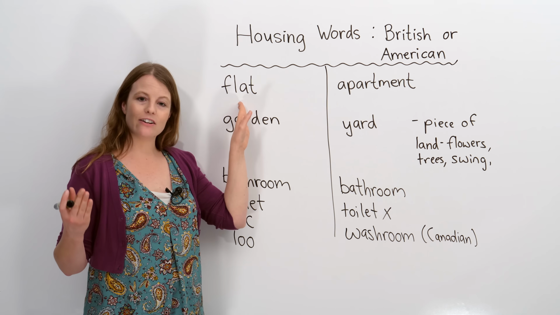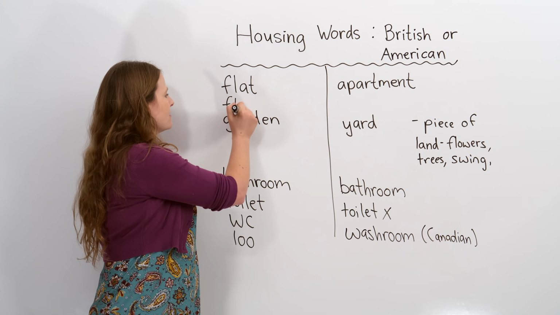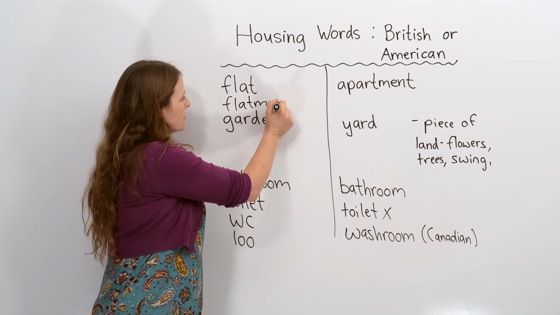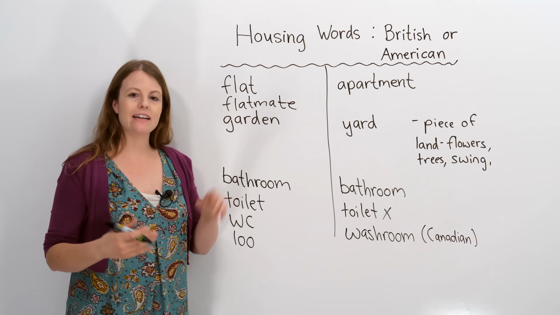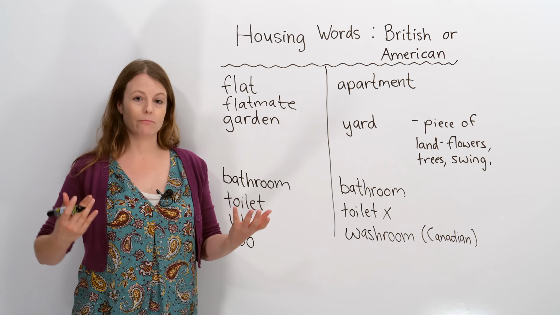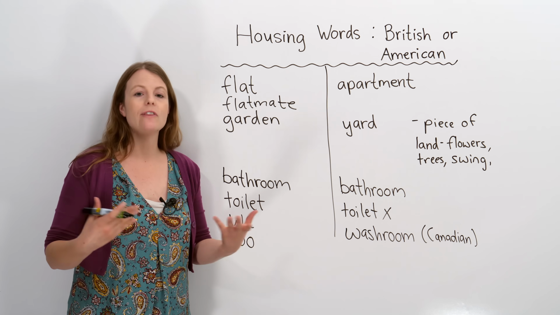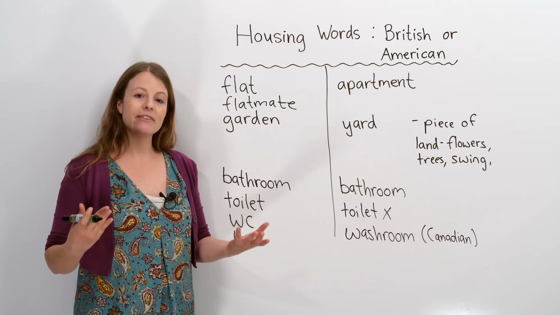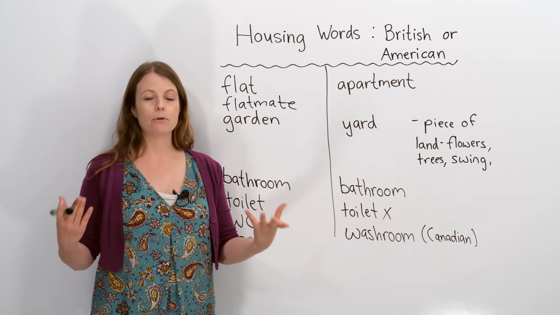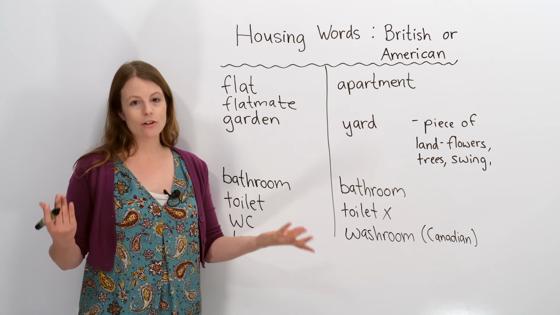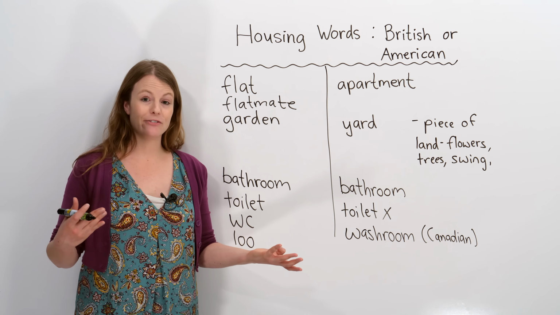Now I'm going to add a word here. So when people in England, or in parts of Britain, talk about who they live with, sometimes they talk about their flatmate. This is the person they live with. In North American English, we use a different word.